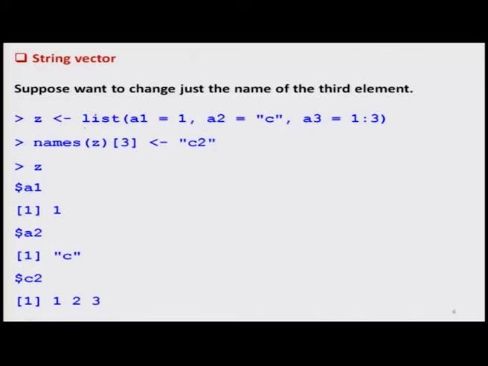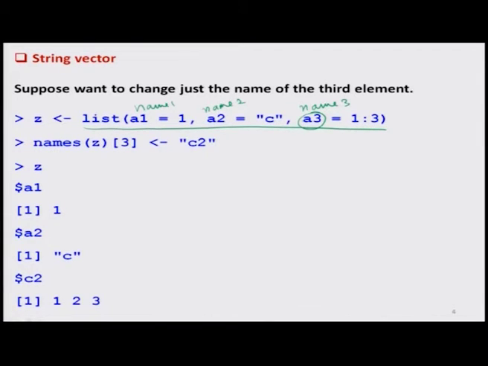Suppose in the list that we have just created called Z, this is my name first, A2 is my name 2 and A3 is my name 3. And suppose I want to change the name of the third element A3, then how to get it done?